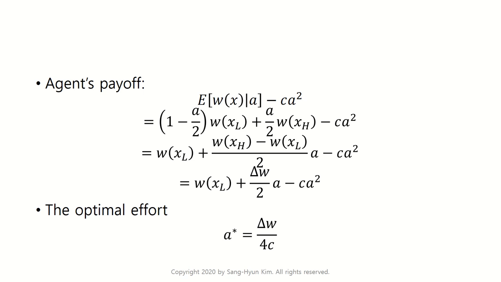And in stage 1, the principal or the employer makes a contract and gives it to the agent, and if the agent takes it, then the contract will be enforced later. So this is the last stage of the game, and now we are going to move backward, upward toward the earlier stage, the first stage.